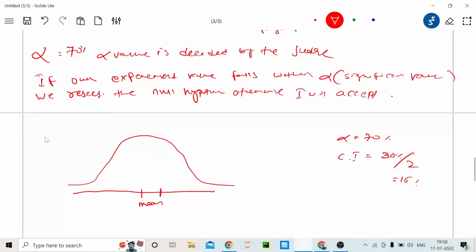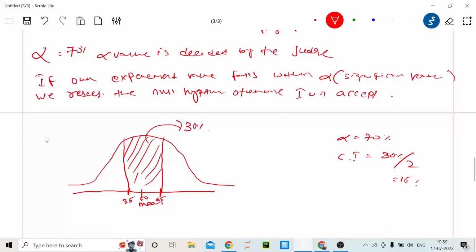Let's say this is the mean, 100, and this is 35 and this is 65. That means this area is 30%.